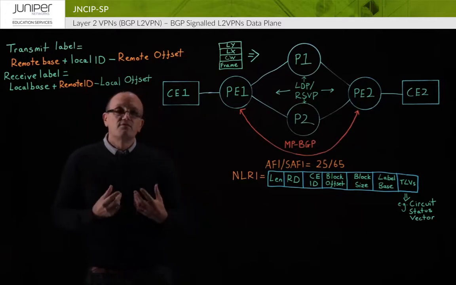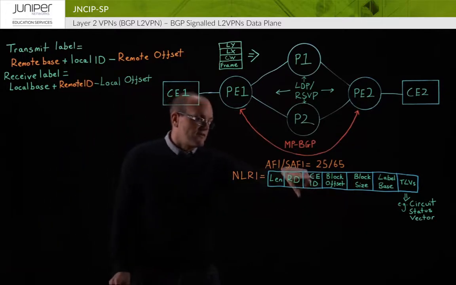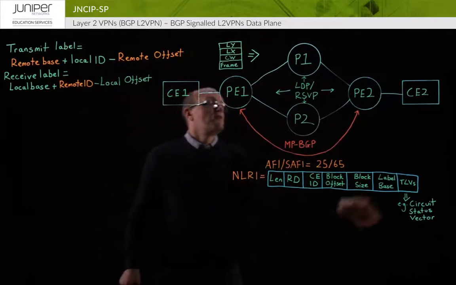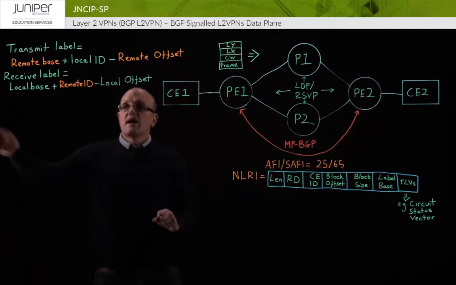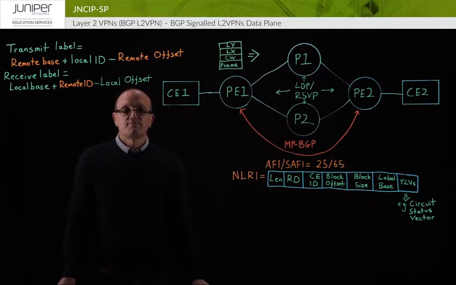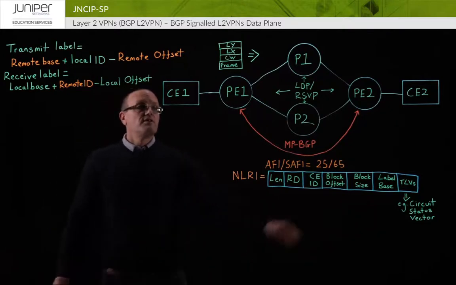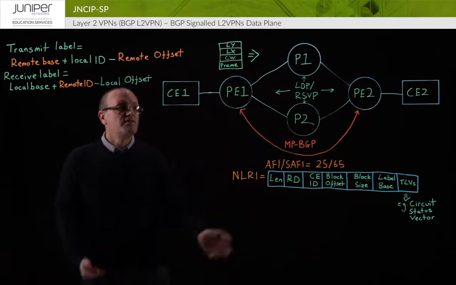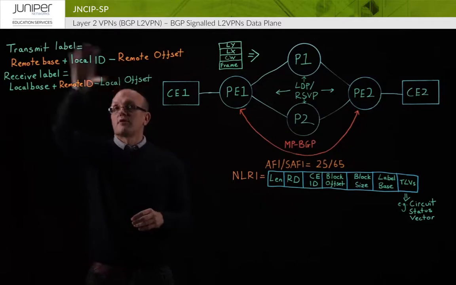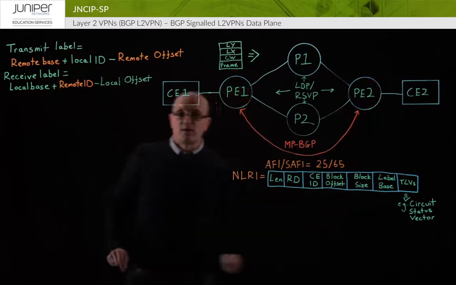We're taking the remote ID, so that's the CE ID that we've received in the NLRI advertisement from PE2. And we take away from that our local calculated offset. And that's how we generate the receiving label state on the PE. We would obviously, of course, follow this same process on PE2 as well.